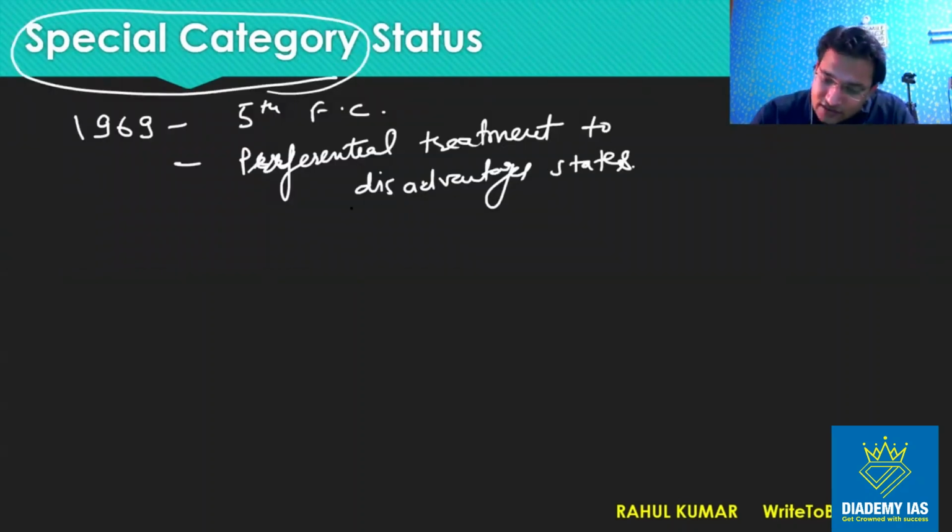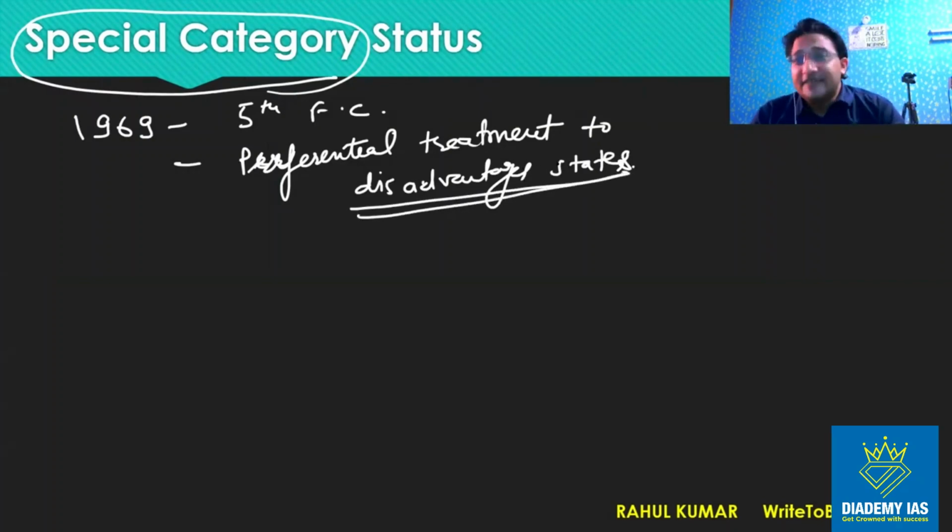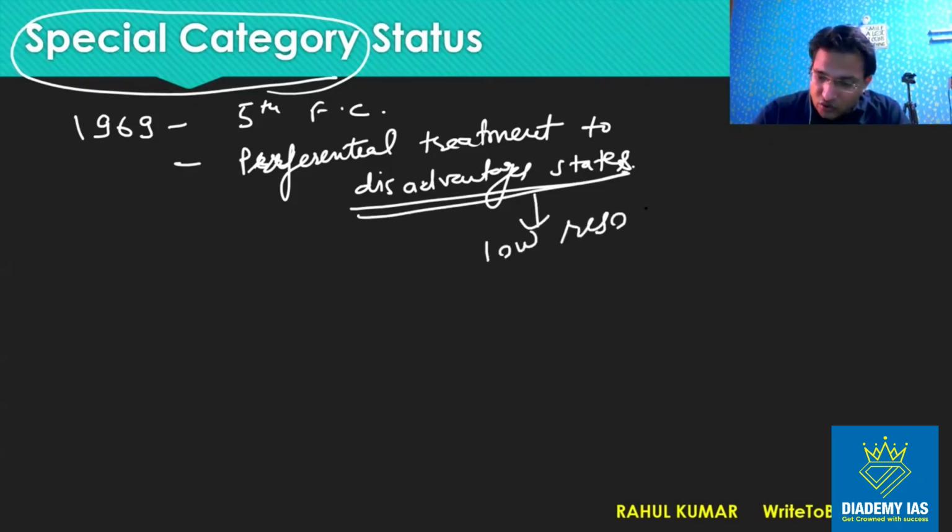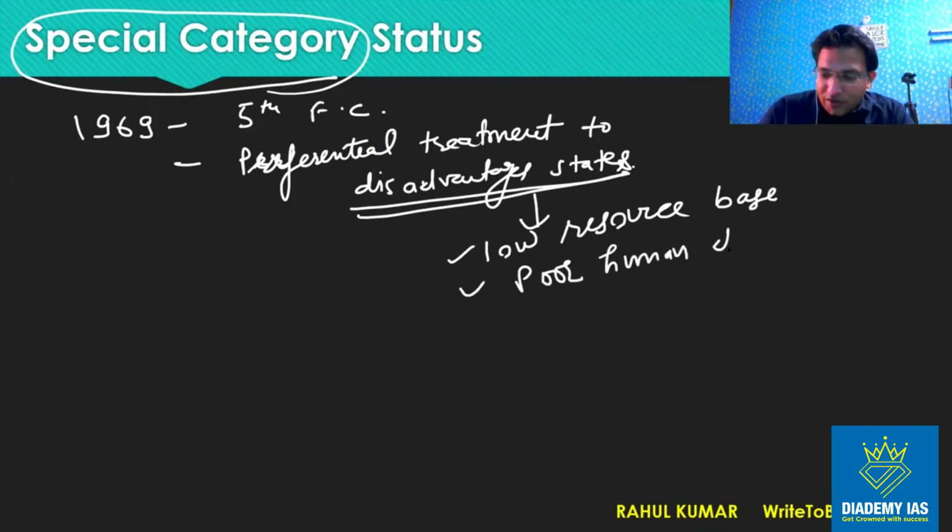Right. So what is the meaning of disadvantageous states? Those states which have a low resource base and poor human development indicators, right?